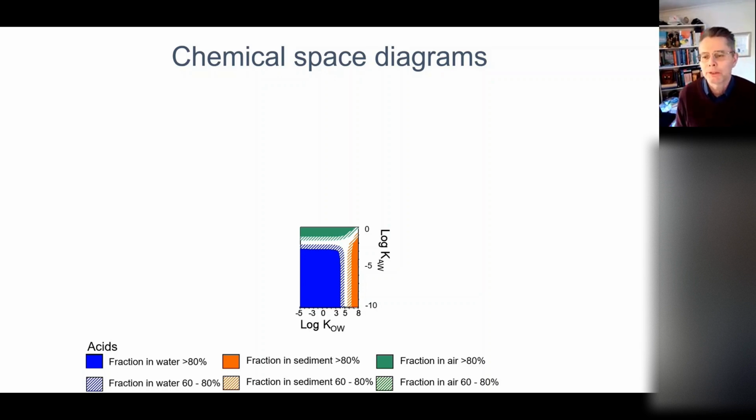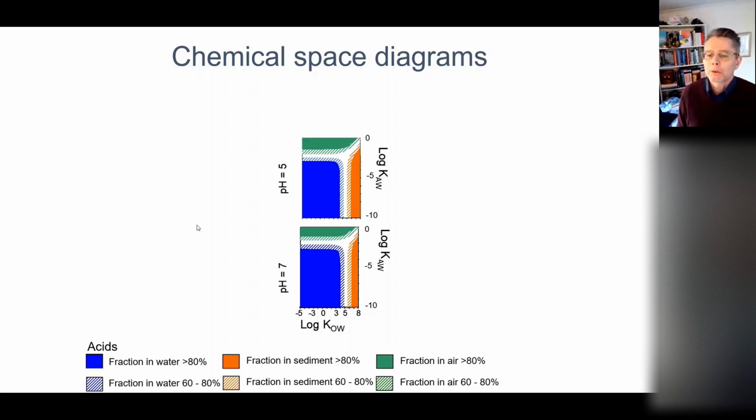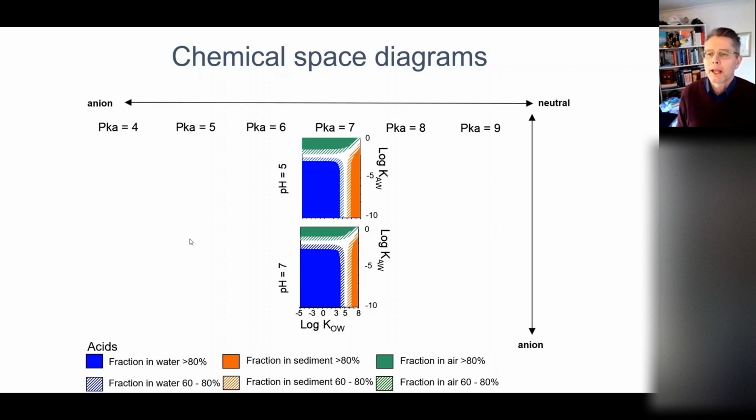So we can map out, for instance, the fraction of chemical in the water, the fraction in sediment, and the fraction in air relative to the KOW and KAW of the chemical you're looking at. Now, for ionizable chemicals, we can start to look at how these changes reflect differences in pH, but also in terms of pKa, and then we can have a bigger understanding of the overall behavior of these chemicals within this model environment and how the assumptions play out.